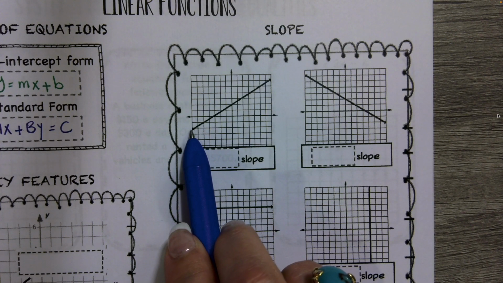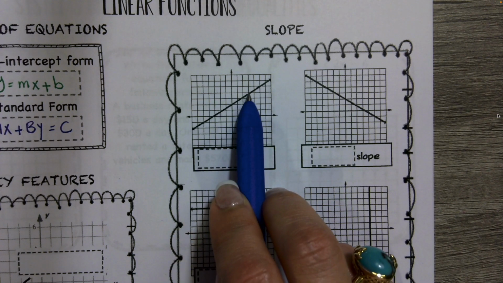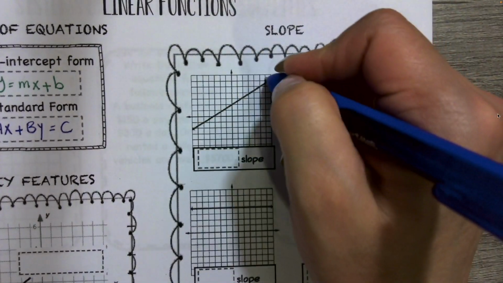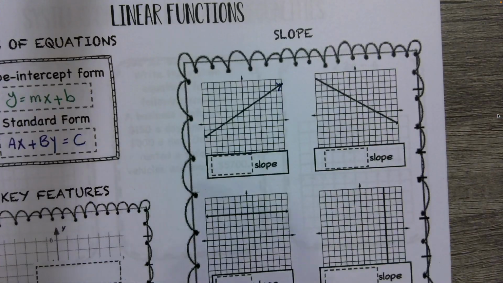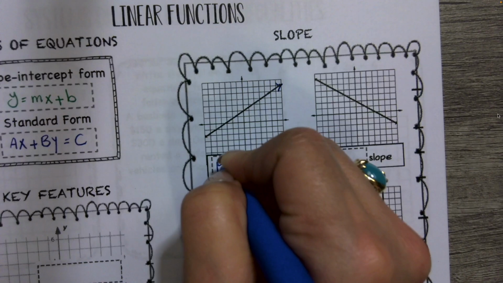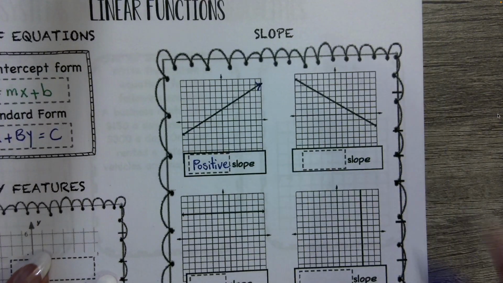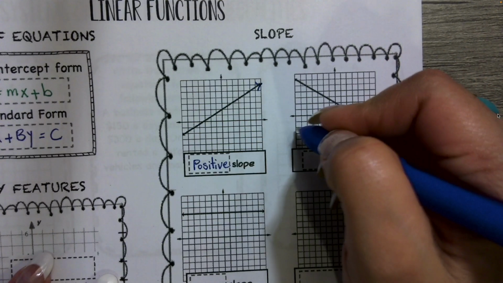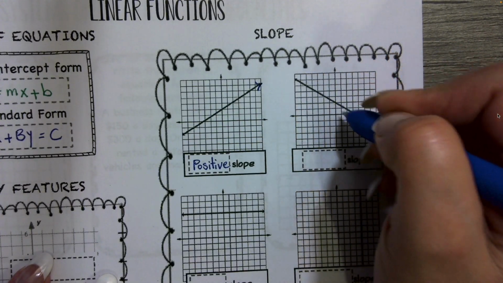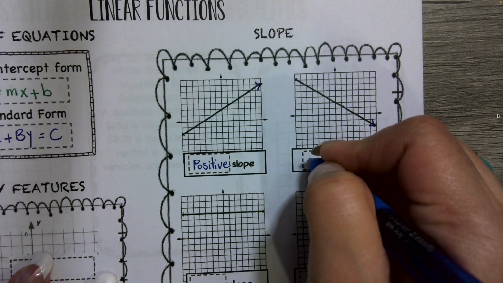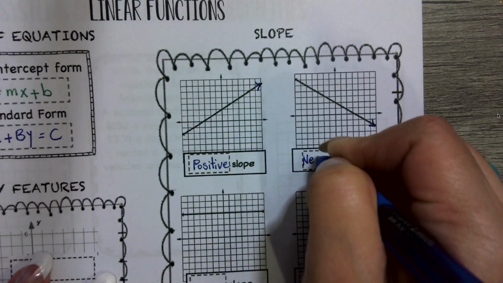When you move from left to right, is it going up or going down? It's going up. So therefore, the slope should be positive. When you're reading this one from left to right, it's going down. So this one is negative.